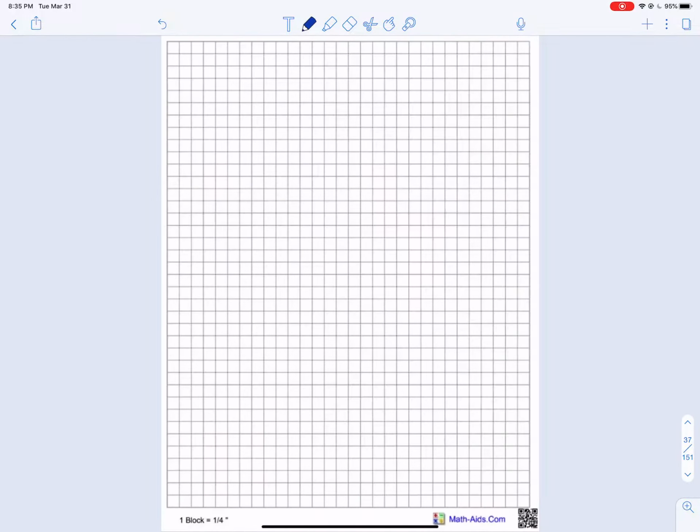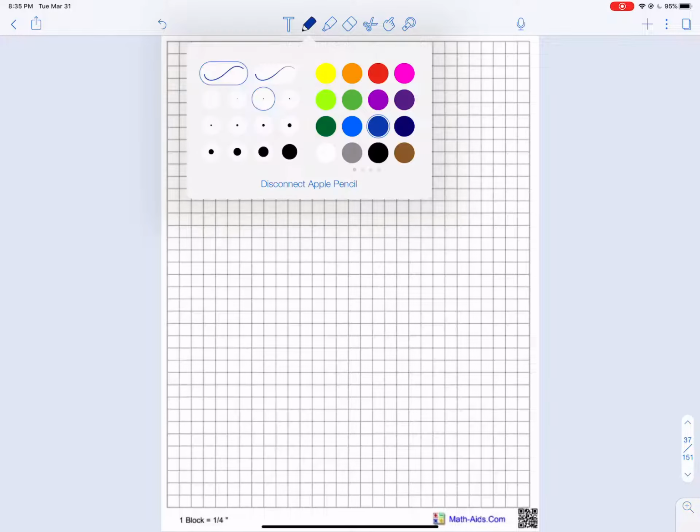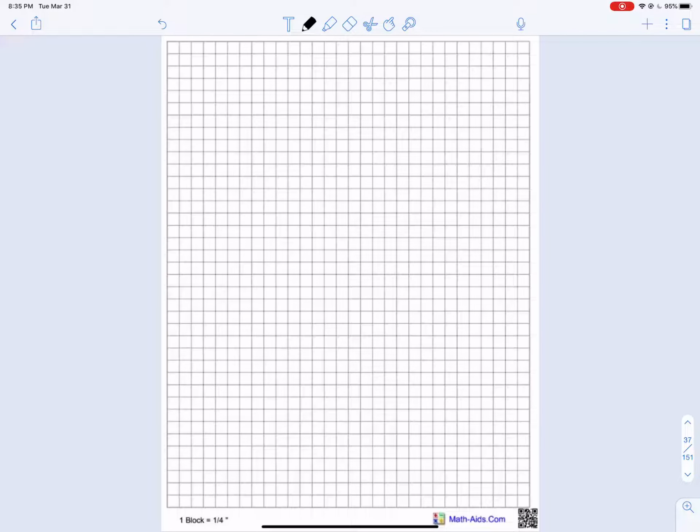We have just blank graph paper, and I'm going to draw my x and y axes here, in black. I'm going to leave a little bit of space so I can write some numbers and our labels. There's the y, and then let's do the x down here.